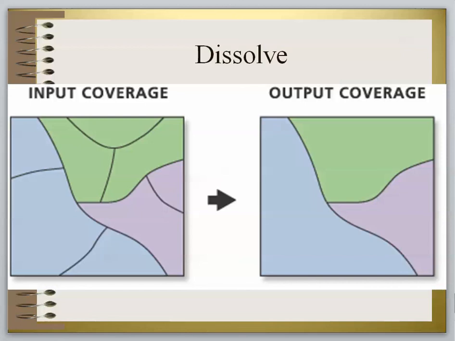Well, after everything is said and done, you realize, hey, I just want to have, in general, those general tree types in an output coverage. Simplify the feature output. So you dissolve, and you say, okay, dissolve by what? Dissolve by tree type. And what it does is it starts to remove those boundaries between different polygons based upon like attribute qualities.